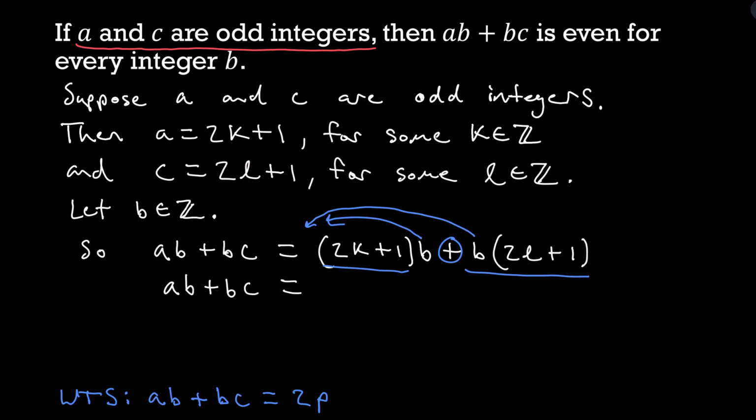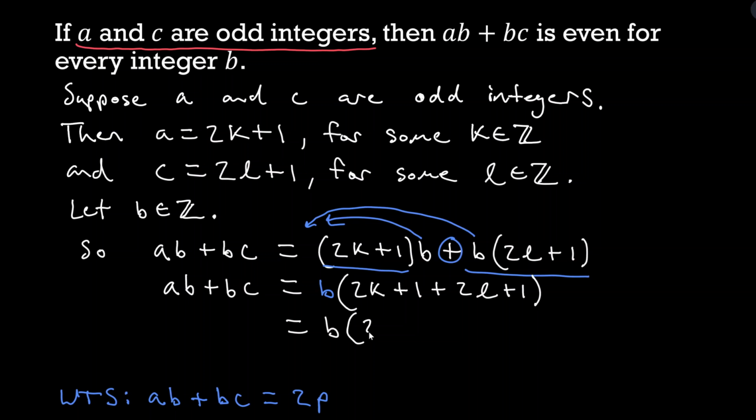This b is going to come out here in front, and everything else is going to be in parentheses: 2k plus 1 plus 2l plus 1. And now look what's about to happen, right? Because the b is still chilling out in front. But what we have here is 2k plus 2l plus 2.